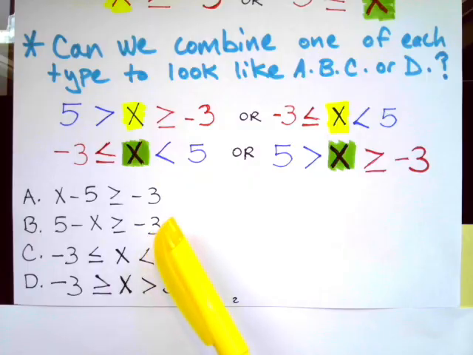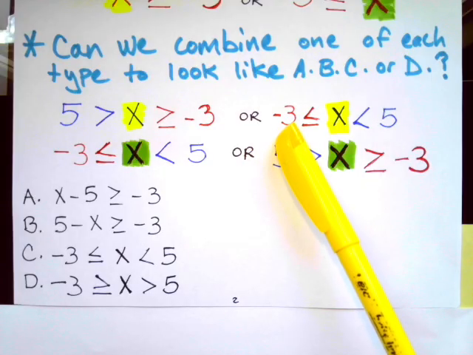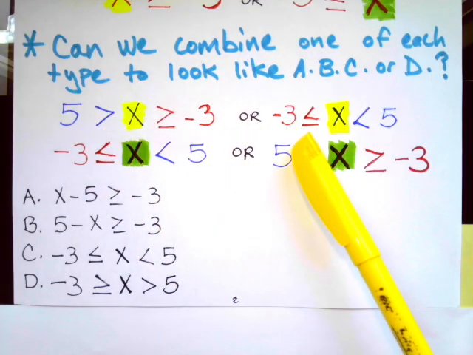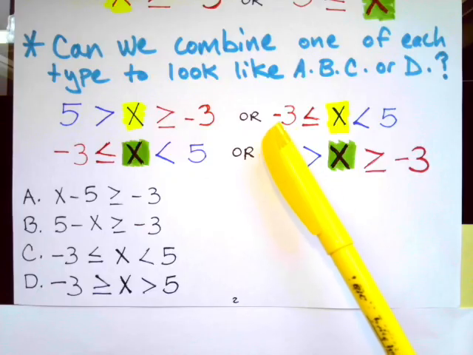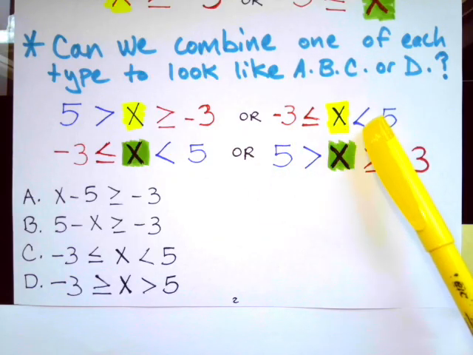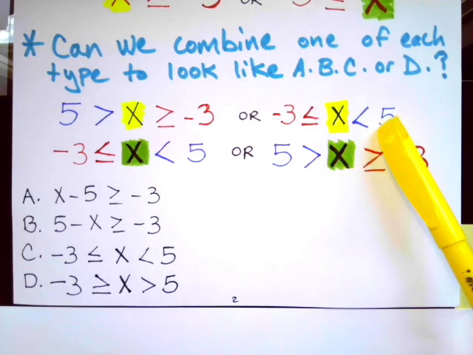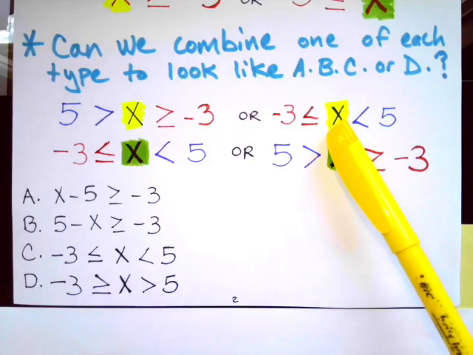Okay, let's see here. Can you see how, if I took this value here, negative 3 is less than or equal to x. X is less than 5. Wait a minute. X is less than 5, but negative 3 is less than or equal to x.